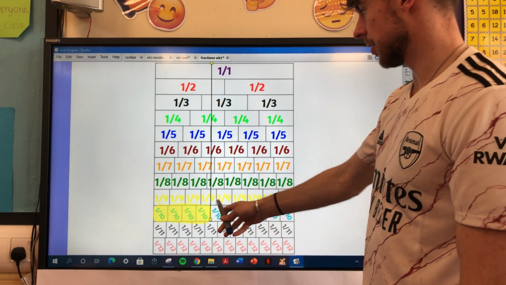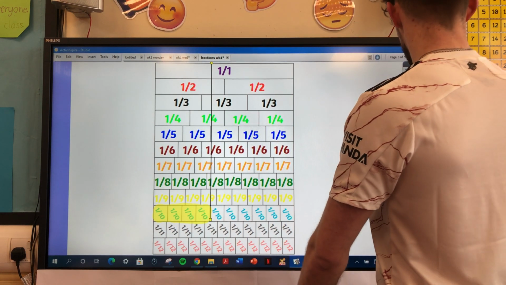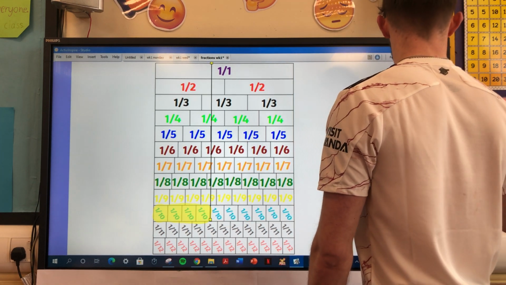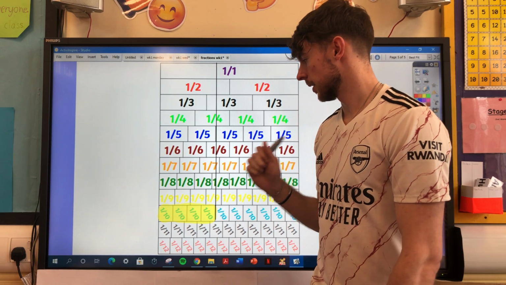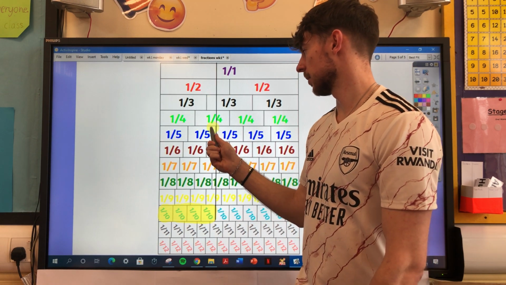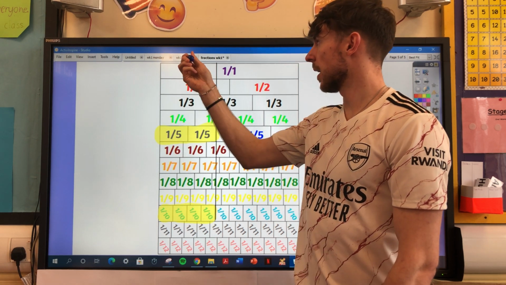Is there any fraction that's exactly 4 over 10? There's one fraction that fits 4 over 10. Can you see it? Any fraction that perfectly fits in, it's this one, isn't it? So 2/5. So how else could we do that?